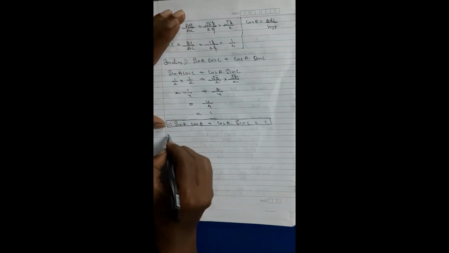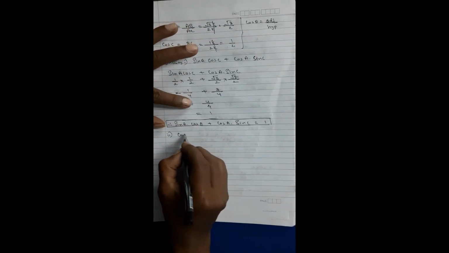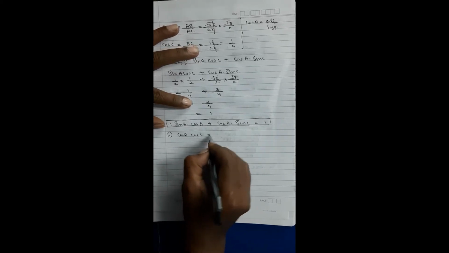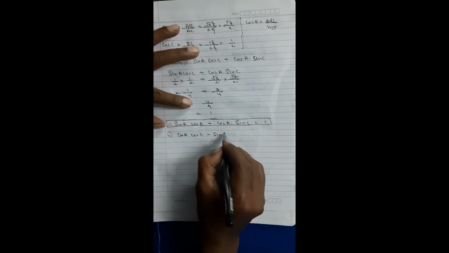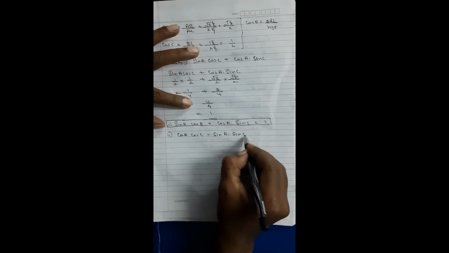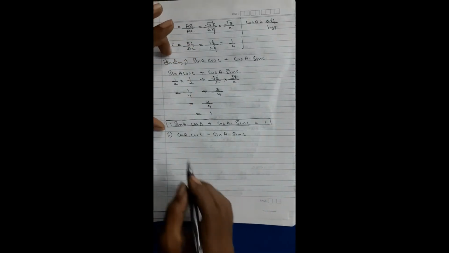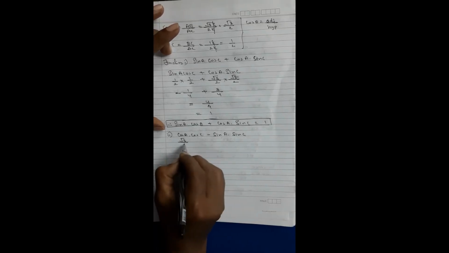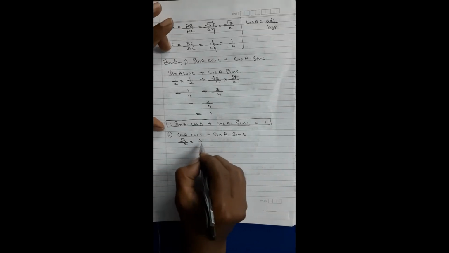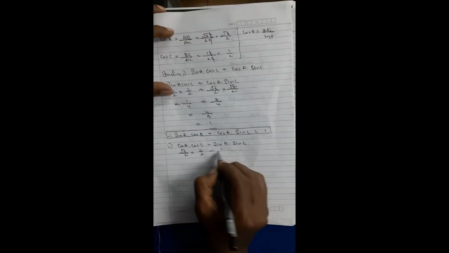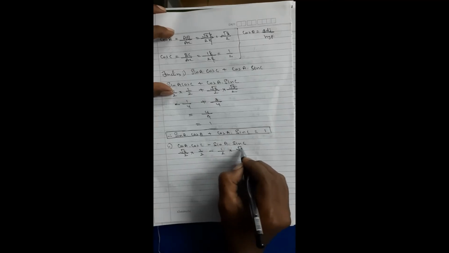Now going to the second one, finding the value of cos A cos C minus sine A sine C. Cos A cos C is root 3 upon 2 into 1 upon 2, minus sine A sine C, which is again 1 upon 2 into root 3 upon 2.